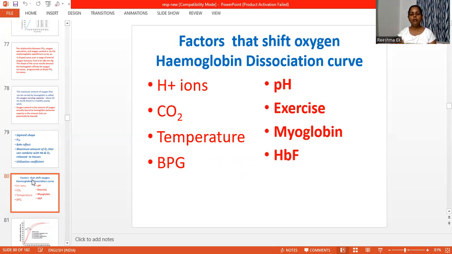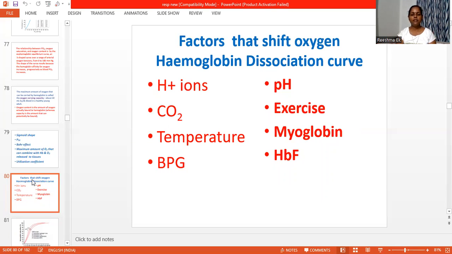They are the concentration of H plus ions. When the concentration of H plus ions increases, it is a condition known as acidity. Then carbon dioxide is a factor. The condition in which carbon dioxide increases is known as hypercapnia. Then temperature, then BPG.